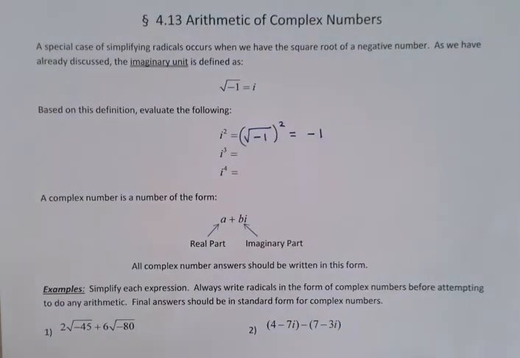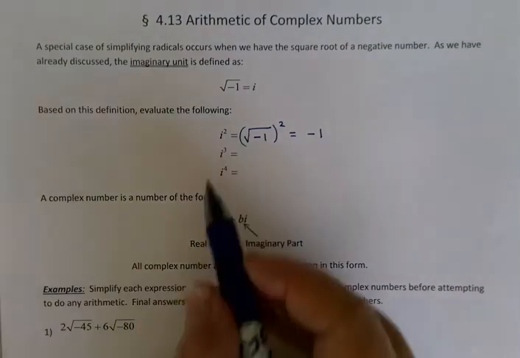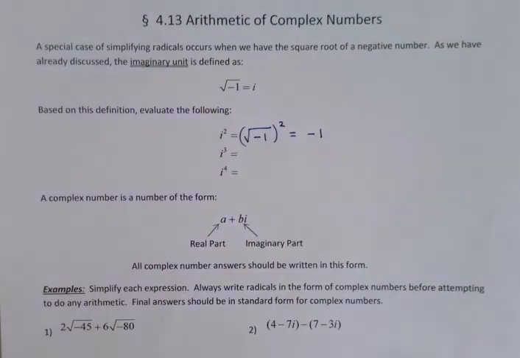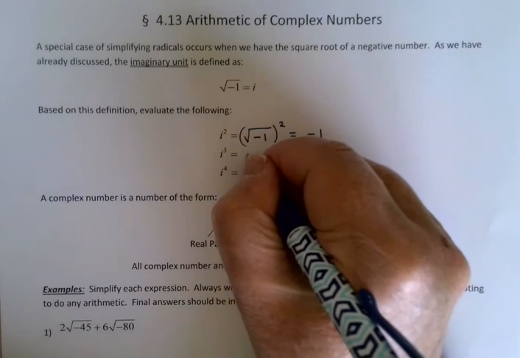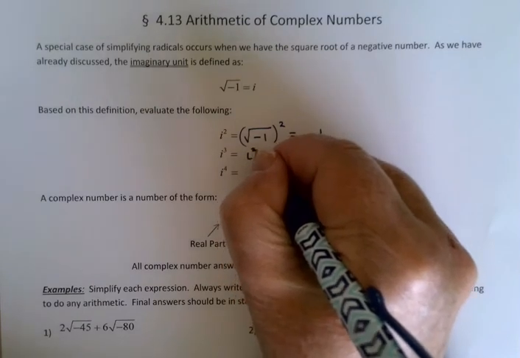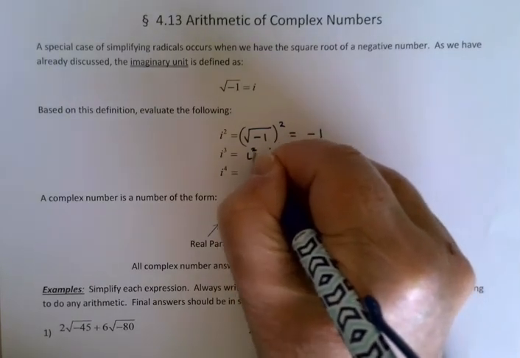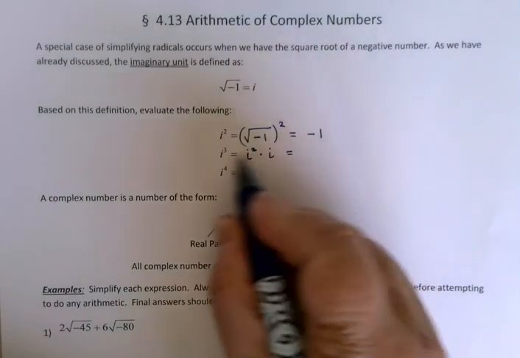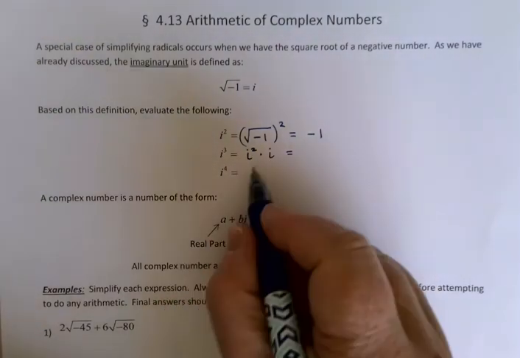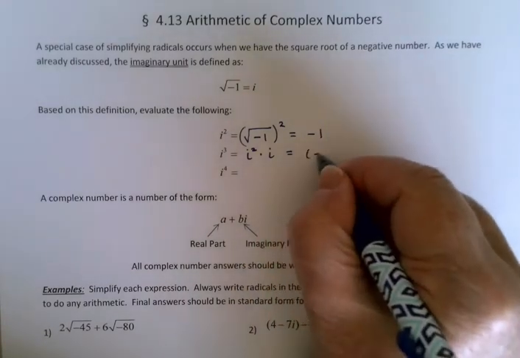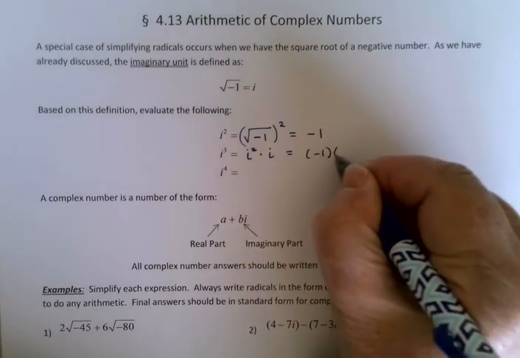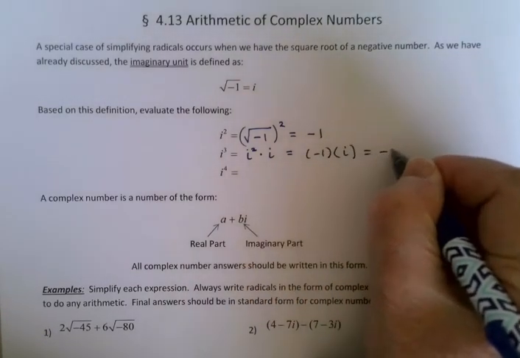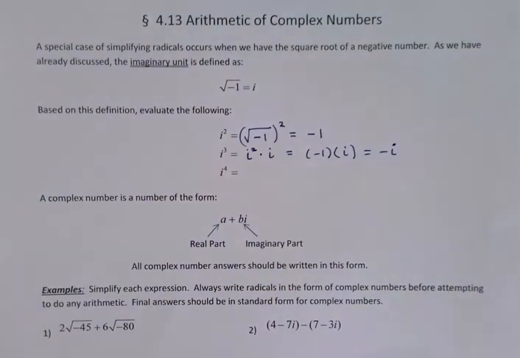So we just end up with -1. What about i cubed? Well, I could write i cubed as i squared multiplied by i. Right? Second power plus a first power would be a third power. And we just said i squared is -1, times i is minus i.